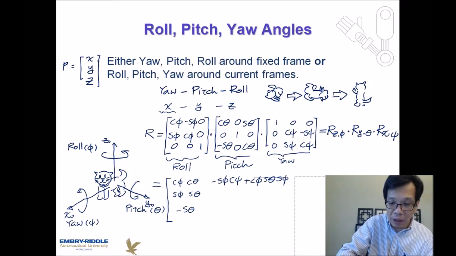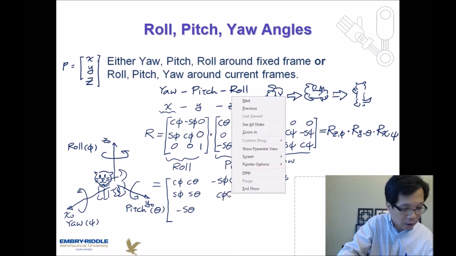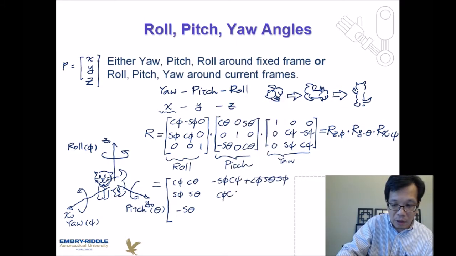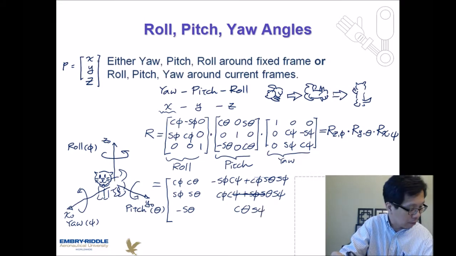This one over here is going to be cosine phi, cosine psi, plus sine phi, sine theta, sine psi. And this is going to be cosine theta and sine psi.